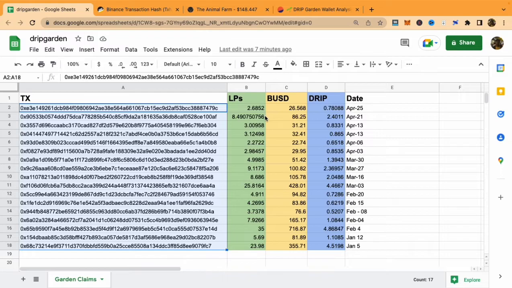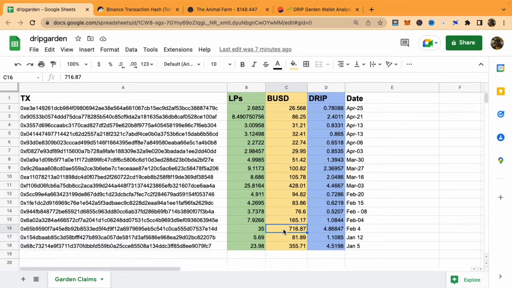in terms of profit. Some of this I have put into piggy bank and into the animal farm, but in terms of ROI, again, December 16th to February 4th, so about a month and a half that I was able to ROI.